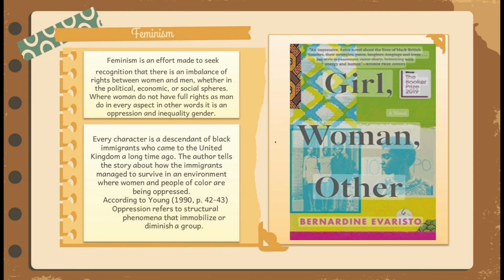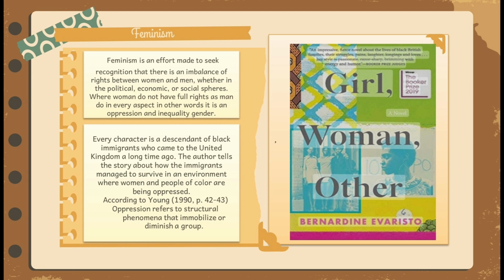Next, it's about feminism. I took the issue of oppression. Feminism is an effort made to seek recognition that there is an imbalance of rights between women and men, whether in the political, economic, or social spheres, where women do not have full rights as men do in every aspect. In other words, it is oppression and gender inequality.